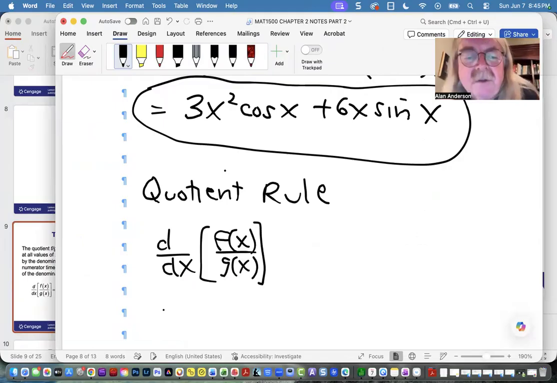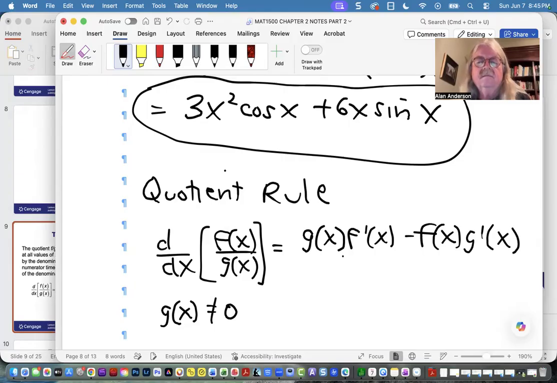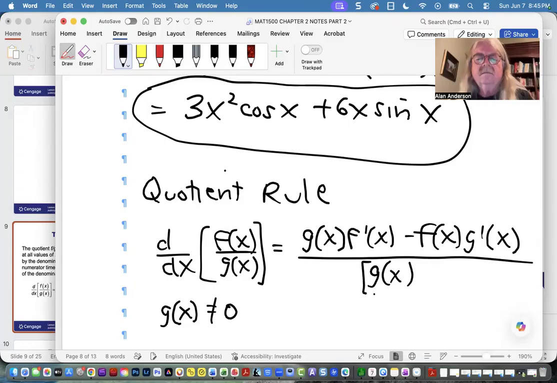Now, of course, we have to assume that g of x is not zero. Yeah, it's a bit messier.